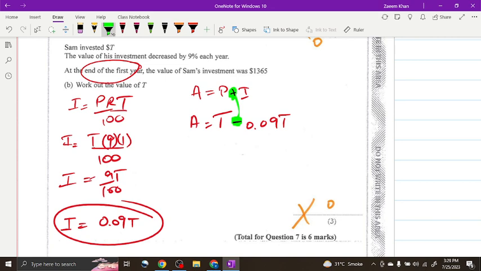He's losing out on his investment. What's the value of A, the amount that's left with him? 1,365. Can you solve the rest of the question and find me the value of T?